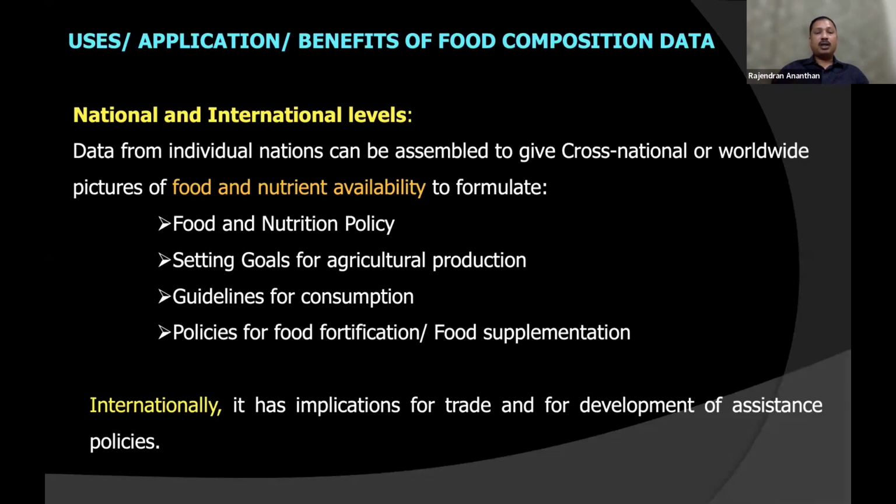Based on the availability of nutrients, different countries set up agriculture production, guidelines for consumption, and policies for food fortification and food supplementation. We are even closely working with FSSAI to formulate many fortification and supplementation programs. All of it is based on the food composition of commonly consumed foods.